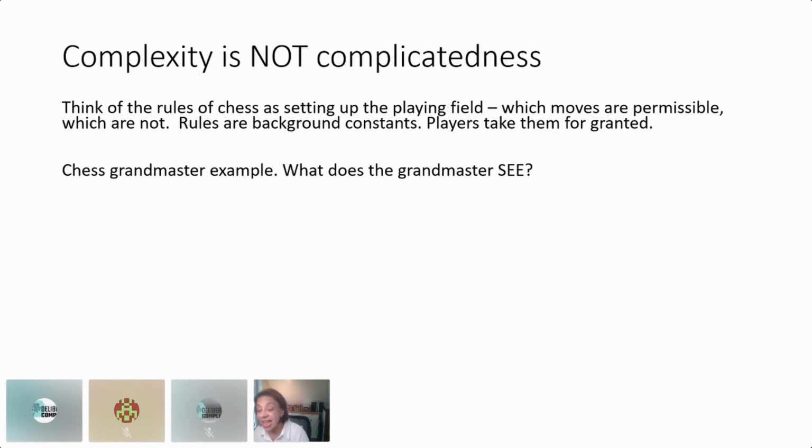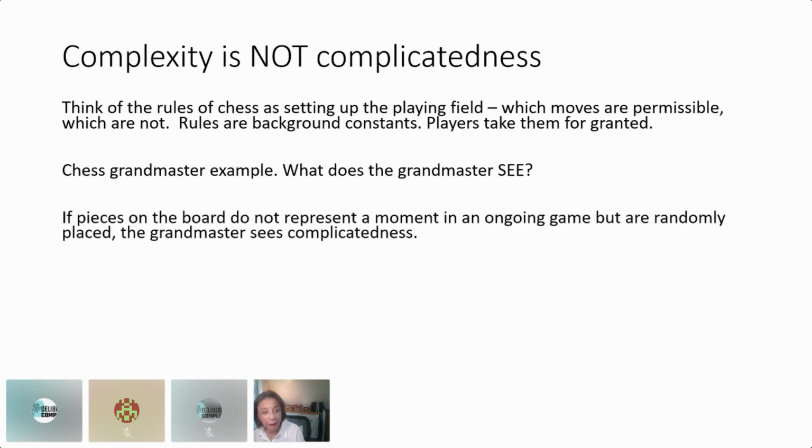And by the way, if these are randomly placed pieces on a chessboard, the grandmaster will say, I can't do this, this makes no sense. So my question is, what does the grandmaster see? The grandmaster does not see the individual pieces as individual pieces on the board.